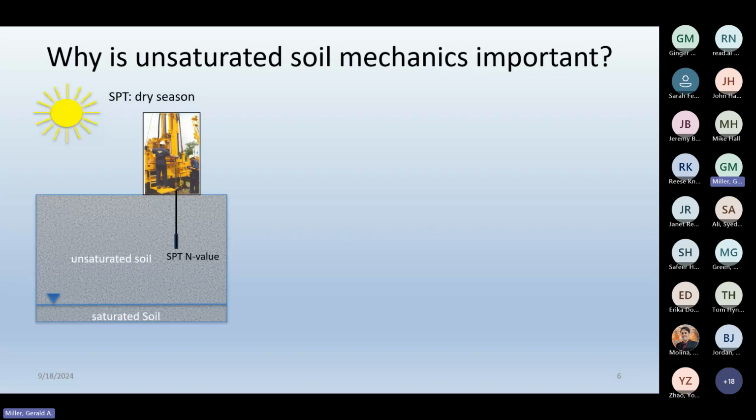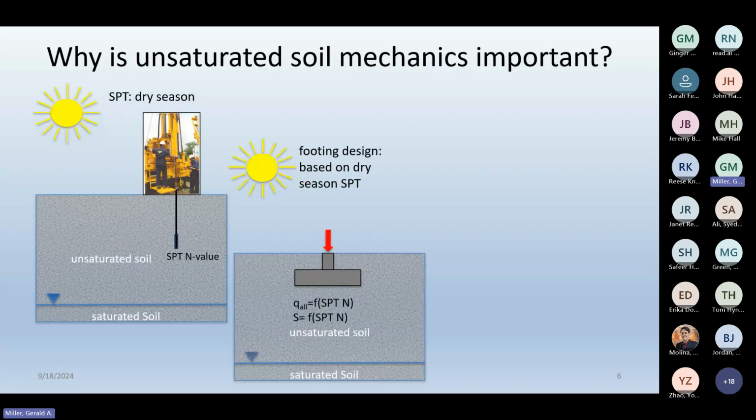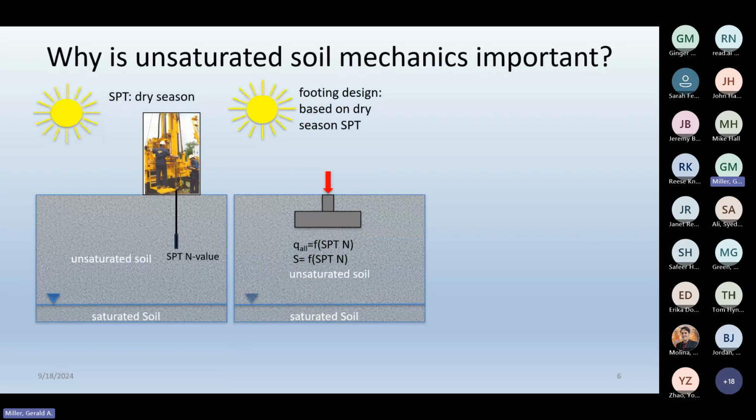So let's suppose we get SPT N values and we use those as the basis for analyzing the bearing capacity of a footing. And we could also extend that to, say, the settlement. Well, the behavior of that footing will be fine as long as those moisture conditions don't change.